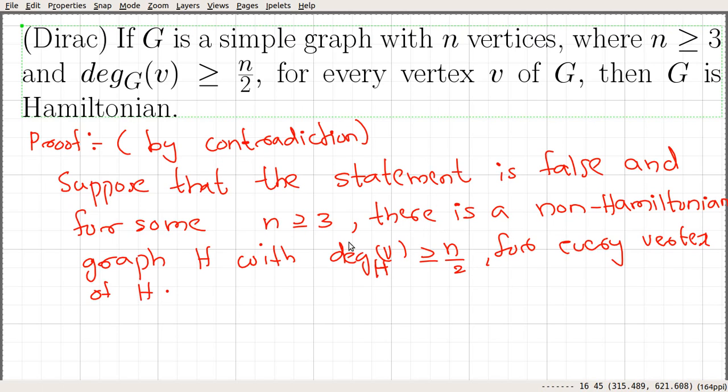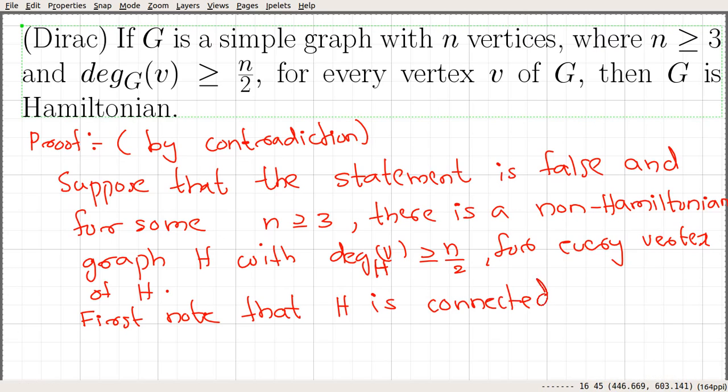Okay, and here we can see that this graph H is connected. First note that H is connected, and that's very easy to see, because of this condition: the degree of each vertex in H is greater than or equal to n by 2.